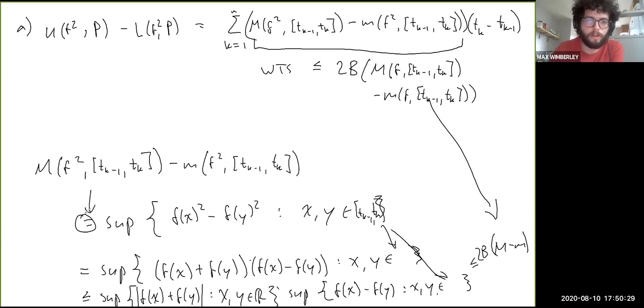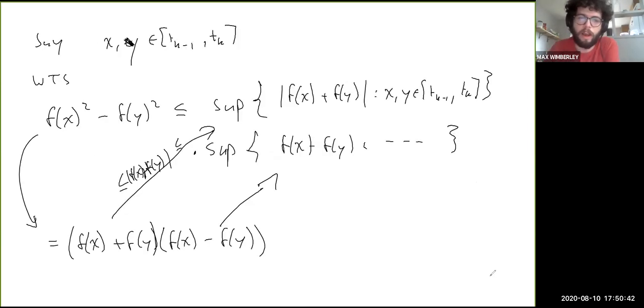And then this one takes a little bit more work, maybe. The way I think about it is like this.